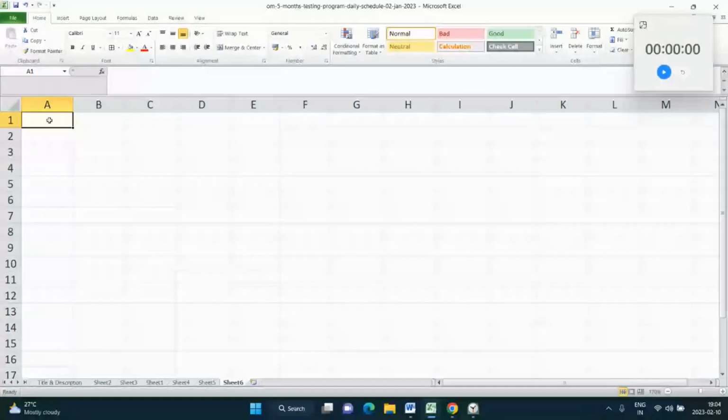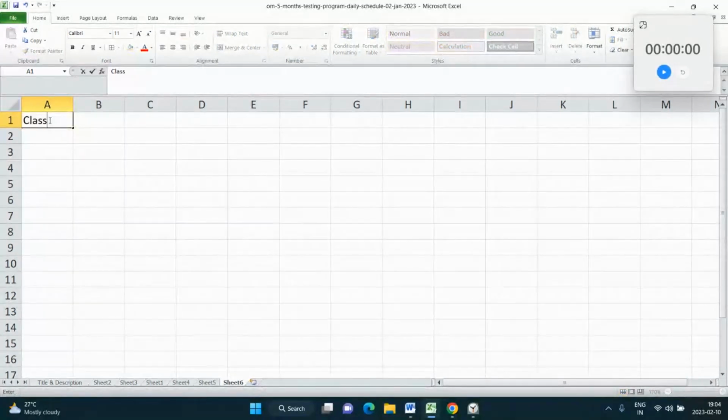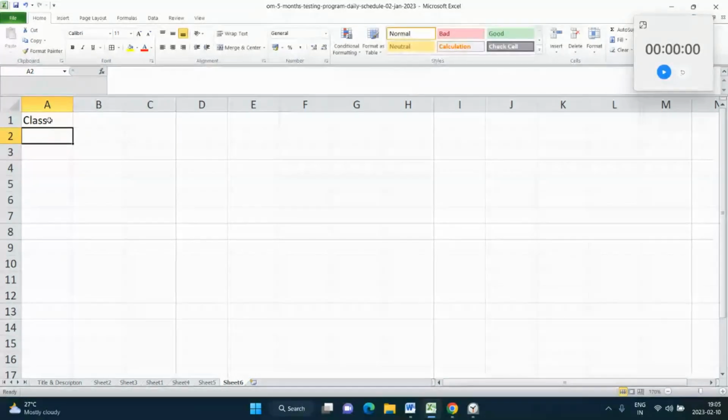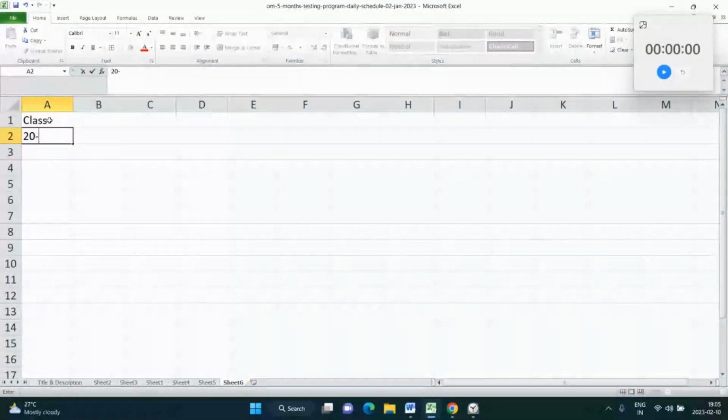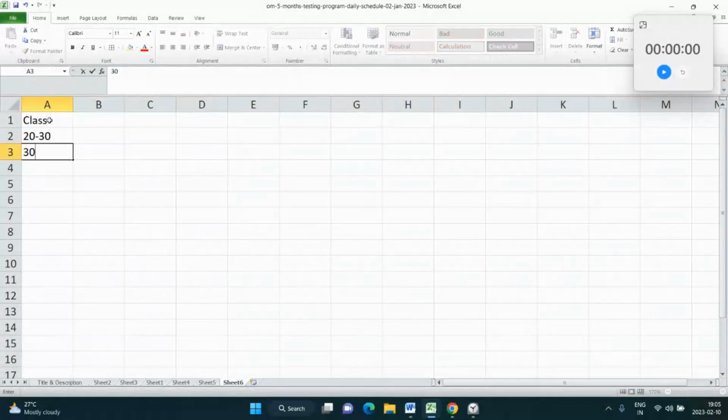I have the class interval. Twenty to 30, 30 to 40, 40 to 50, 50 to 60, 60 to 70.